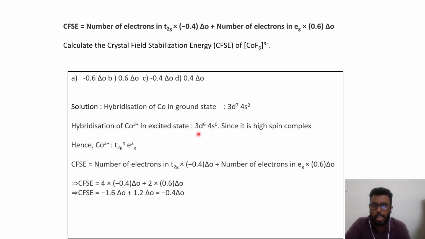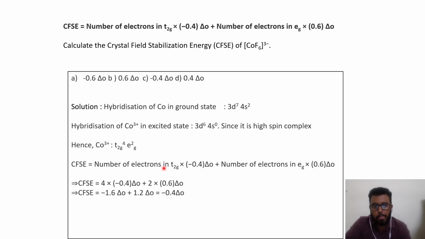Where will these 6 electrons go? As I said, 4 electrons will occupy T2G like before, and 2 electrons will occupy Eg. Why? It is a weak field ligand. Whenever you see some electron in Eg, it means it is jumping from T2G to Eg. Why? Because the gap is small. Why? Because it is a weak field ligand. These things you should remember.